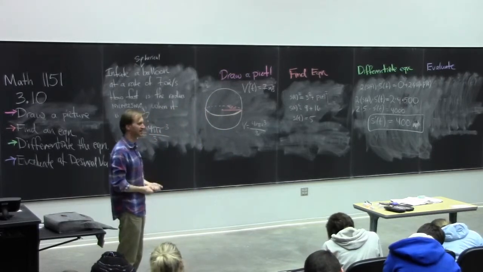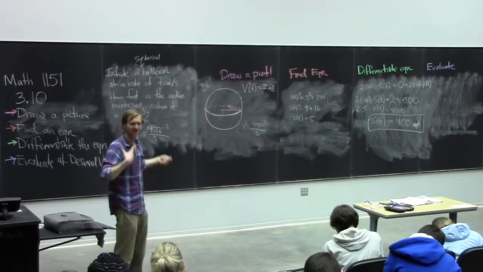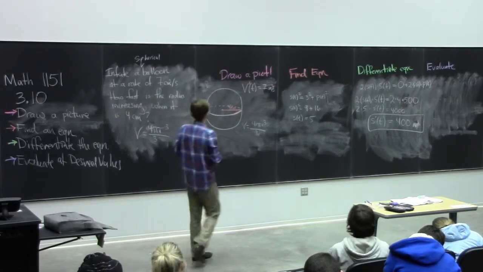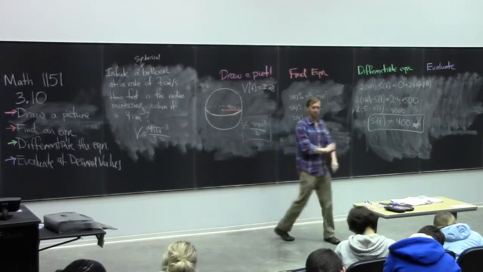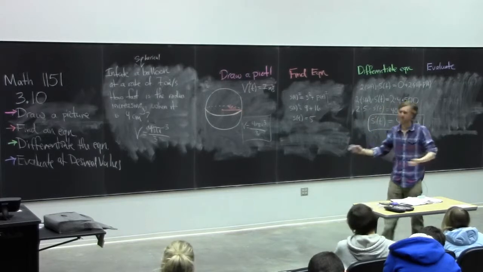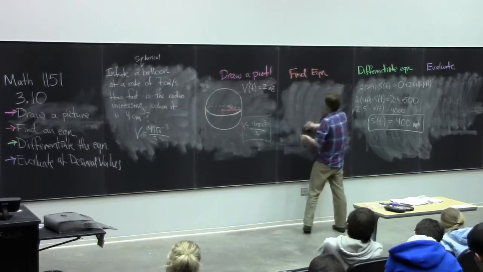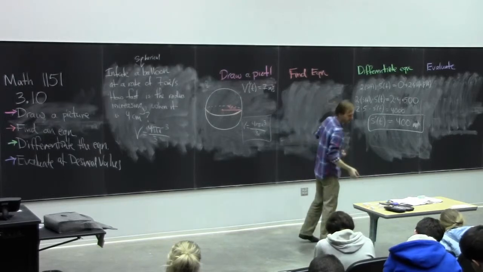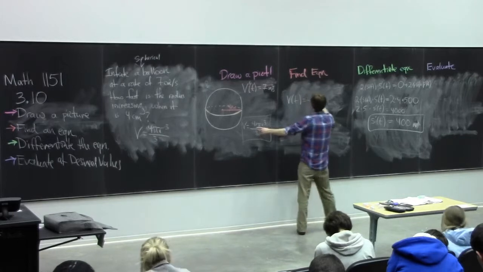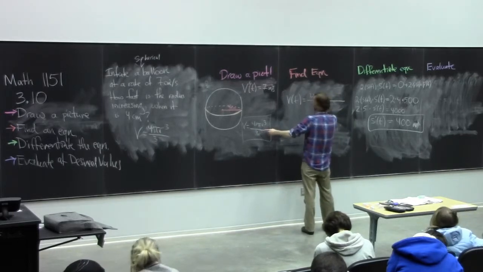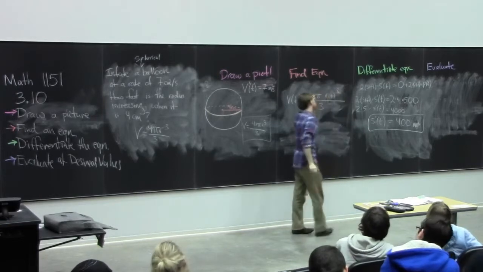Good news. The next part of the problem is simple. Find an equation. We already have it. This is the volume equation we'll use. So that's not hard at all. I'll write it one more time. V of t is equal to 4/3 pi r of t cubed.